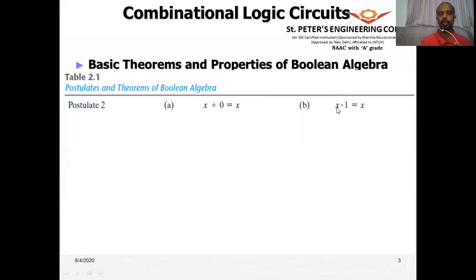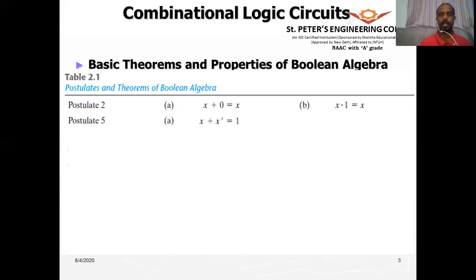So that means the AND operation takes the value of x here. And 1 AND 1 is 1. So therefore, the 1 does not have an effect on the output. It depends upon what is the value of x. So this is what we call the postulate. This is the OR postulate, and this is the AND postulate.